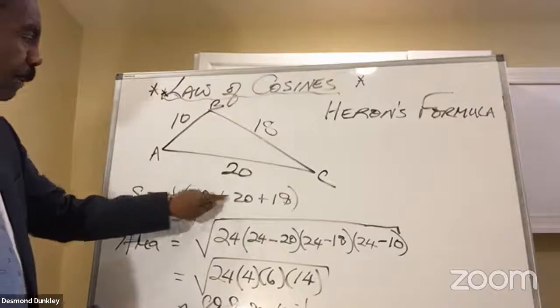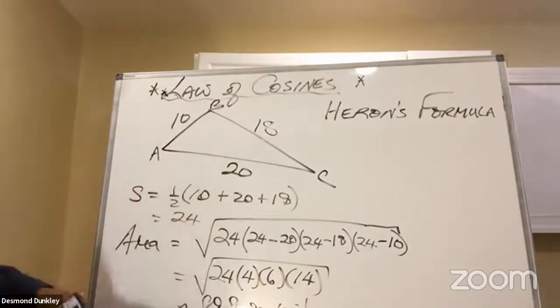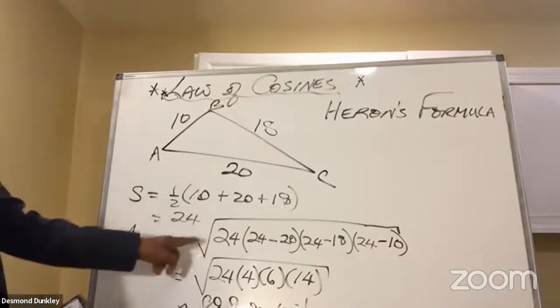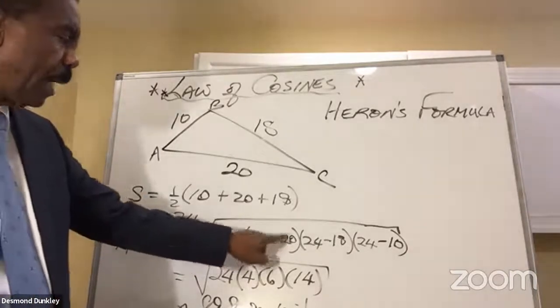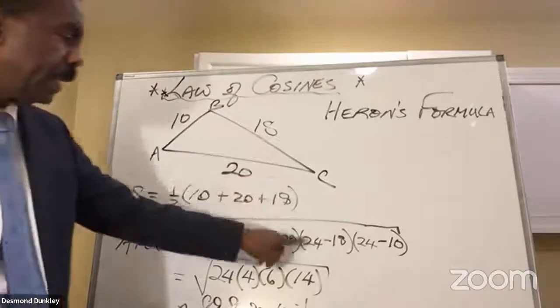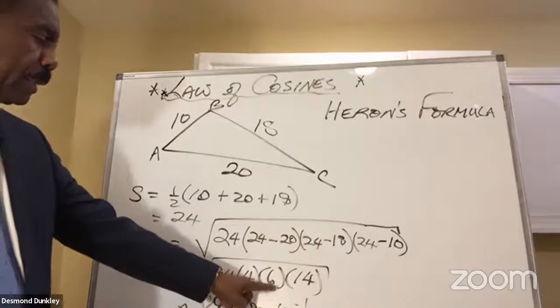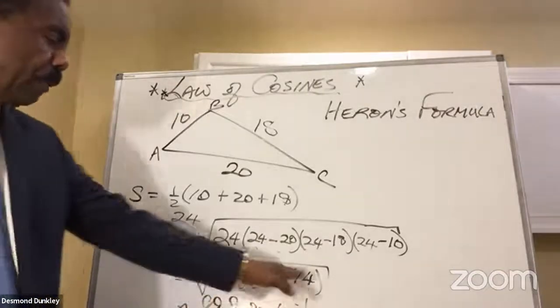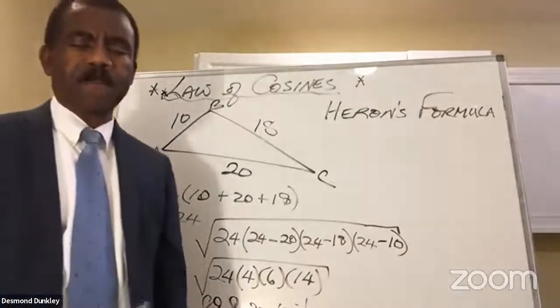A half of 10 plus 20 plus 18 gives you 24. And then we use this formula, the square root of 24 times the difference of 24 and each side, the product. So we get 24 times 4 times 6 times 14. When we multiply those and find the square root, that is the answer.